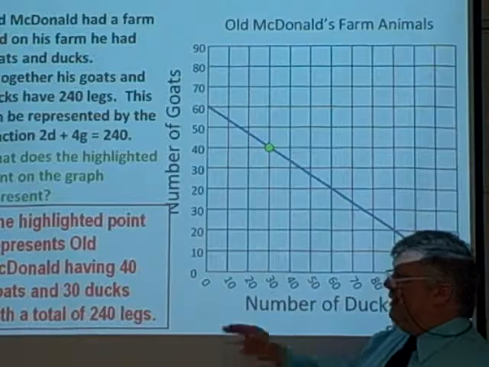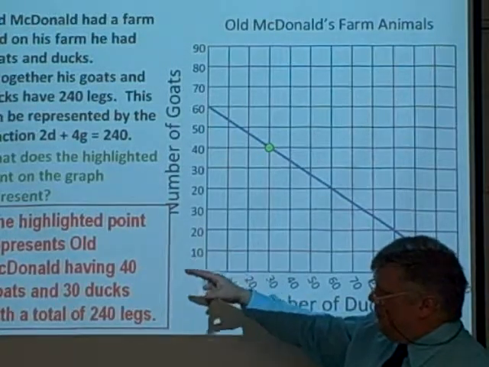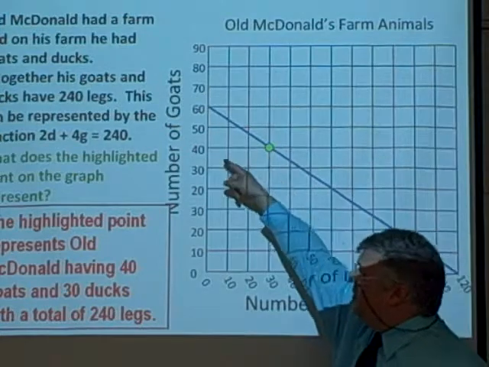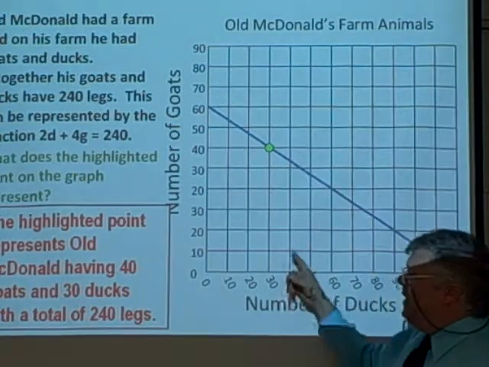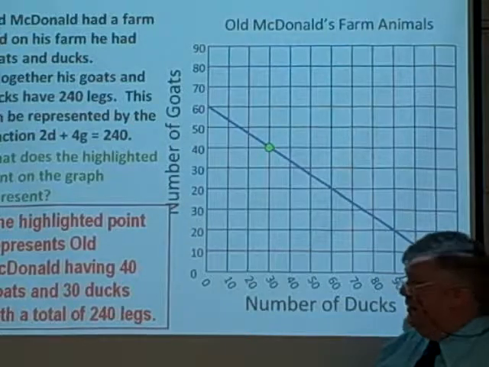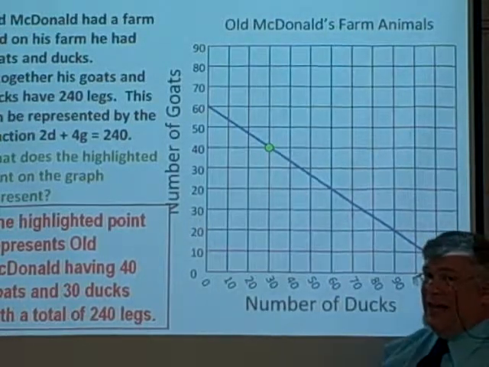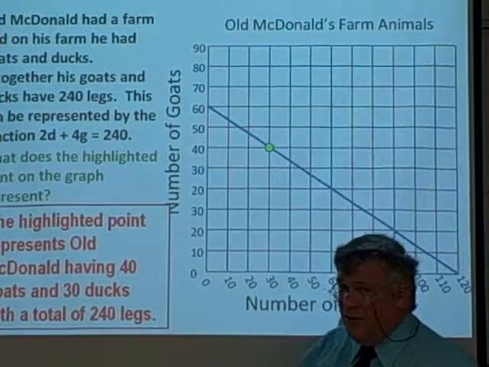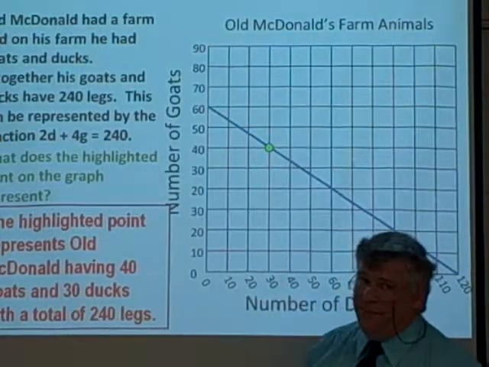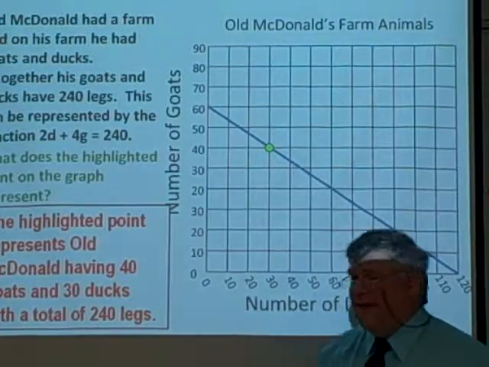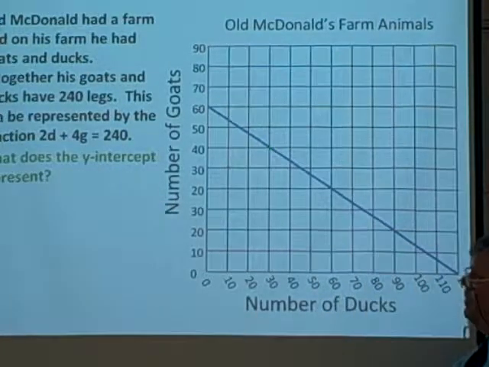So the sentence would read, the highlighted point represents Old McDonald having 40 goats and 30 ducks with a total of 240 legs. That total of 240 legs comes from the equation. Did I have to add that? No, but it's a nice fact to add to my answer.